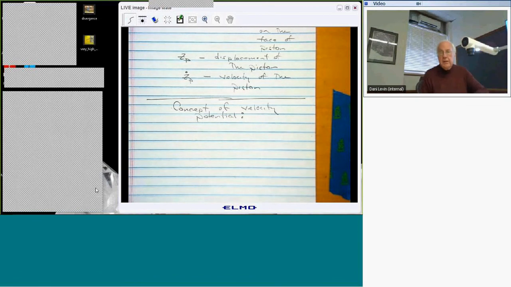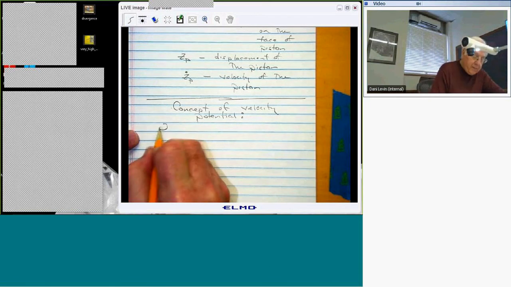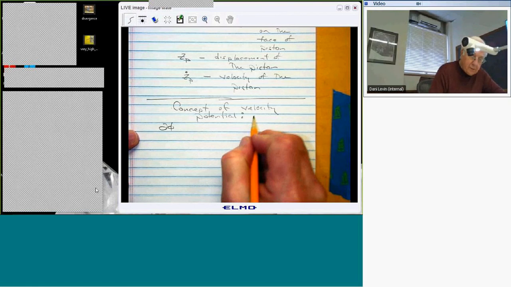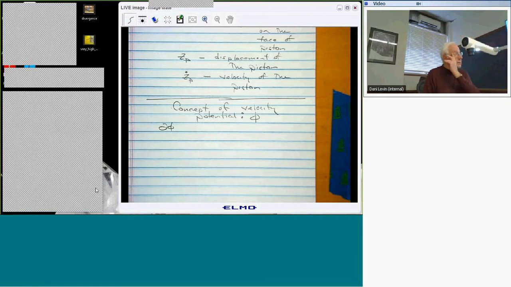In this case, the name actually is fairly well chosen. If I take the gradient, i.e. a spatial derivative of the velocity potential, I get the fluid velocities. So d phi dz, we're going to call the velocity potential phi. Note that we've used that also for correlation function, but you will never get confused between phi, which means a correlation function, versus phi, which means velocity potential, right?